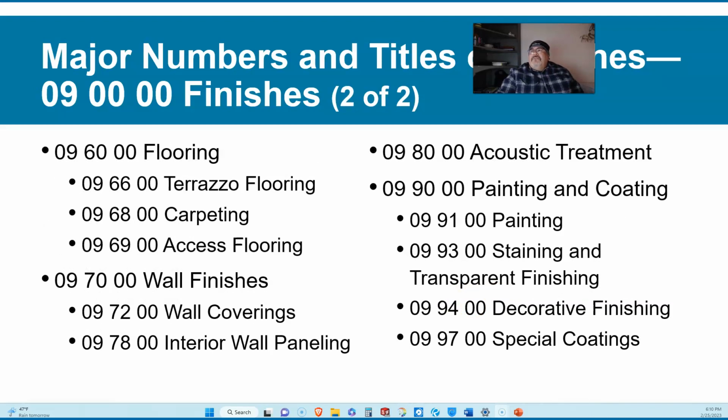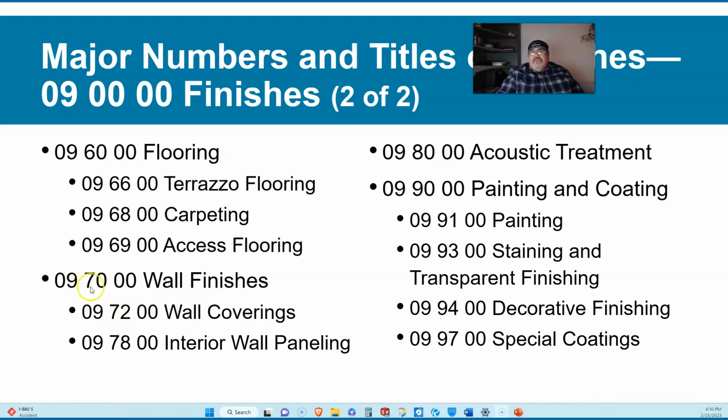The major numbers and titles of finishes. So again, 0960 flooring, you have your different kinds of flooring. You've got terrazzo flooring, carpeting, access flooring. You have wall finishes.